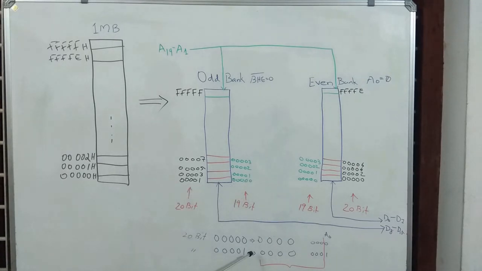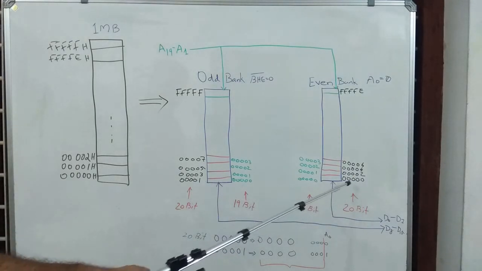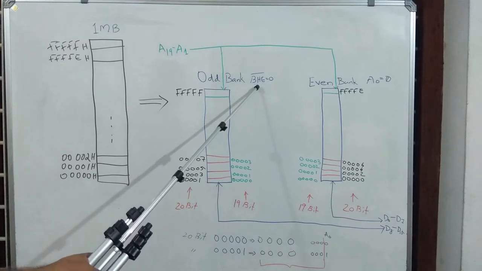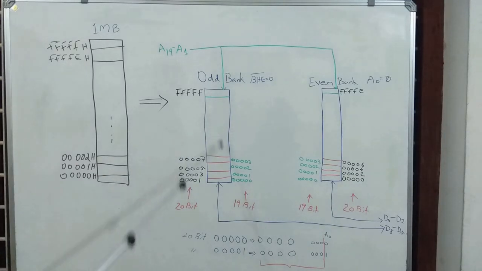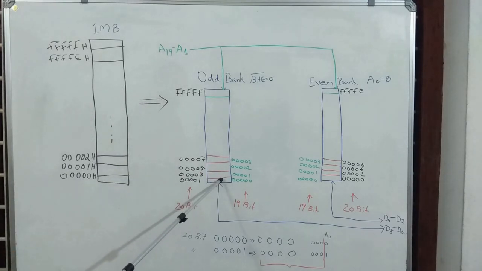00000. See here, this is the 20-bit address, the last nibble is expanded, A0 goes for bank selection, and the remaining A1 to A19 is the same for the 20-bit addresses 00000 and 00001. So when the microprocessor puts the even address 00000, the 20-bit address, and makes BHE bar equal to 0, then this bank will be enabled and the A1 to A19 bits will select this location.